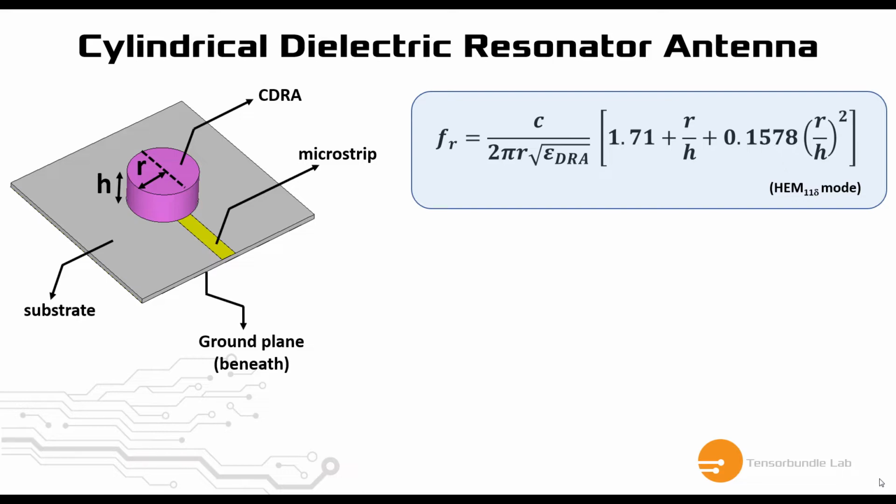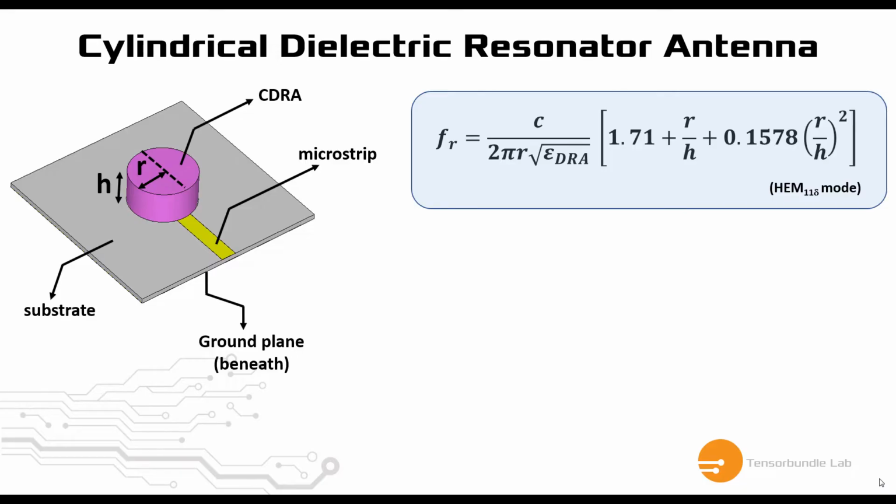So what determines which mode is generated? The answer is the excitation type determines what type of modes you are generating in the dielectric resonator. All right. So you can excite this same cylindrical dielectric resonator by using a probe or by using an aperture.